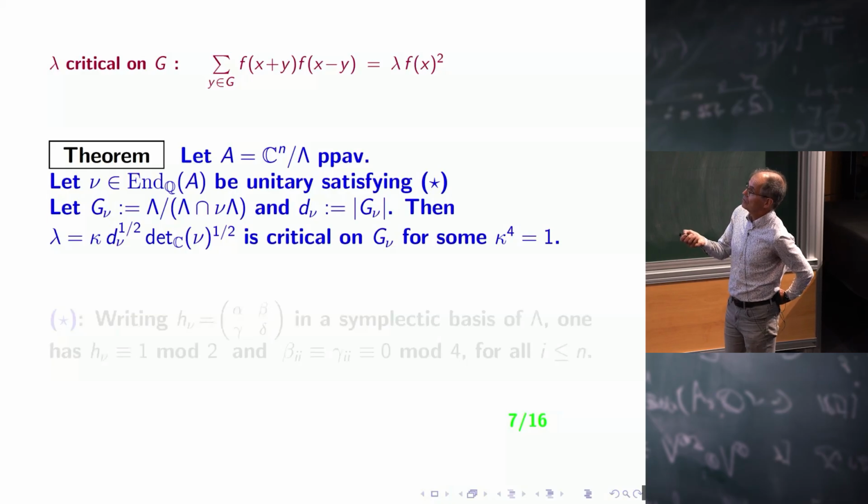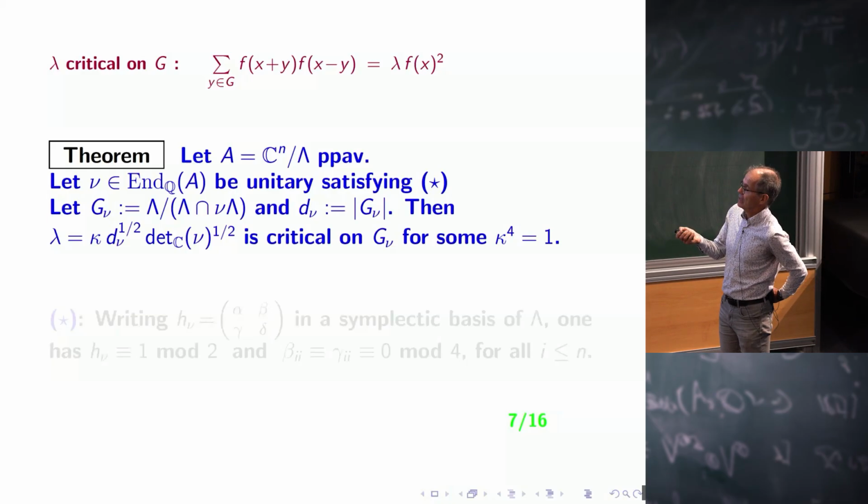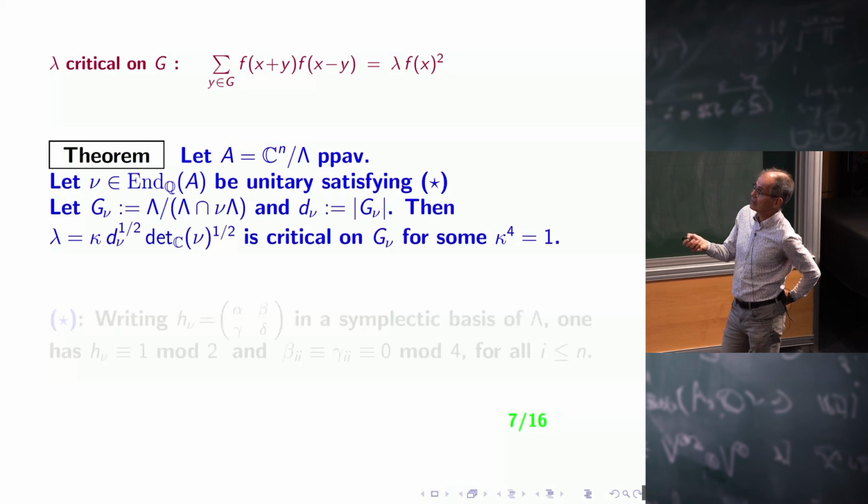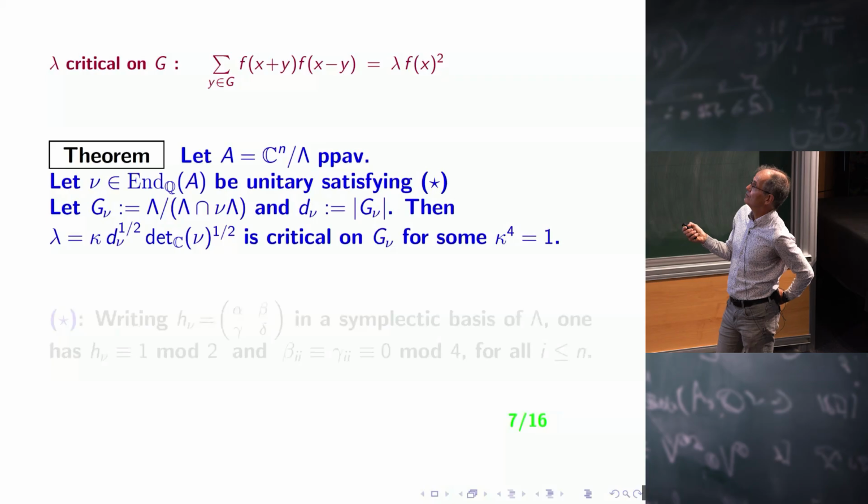you can construct the following algebraic number, which will be critical on this group G nu. So this lambda is a product of three things. The first thing, kappa, is some fourth root of unity that I have trouble detecting, whether it's 1, i, or minus i.